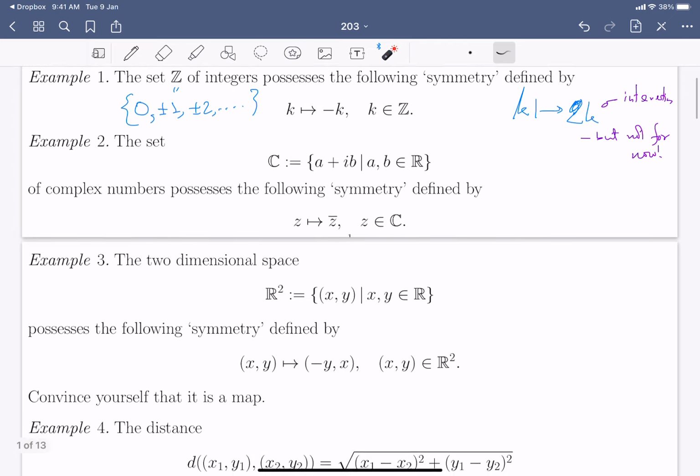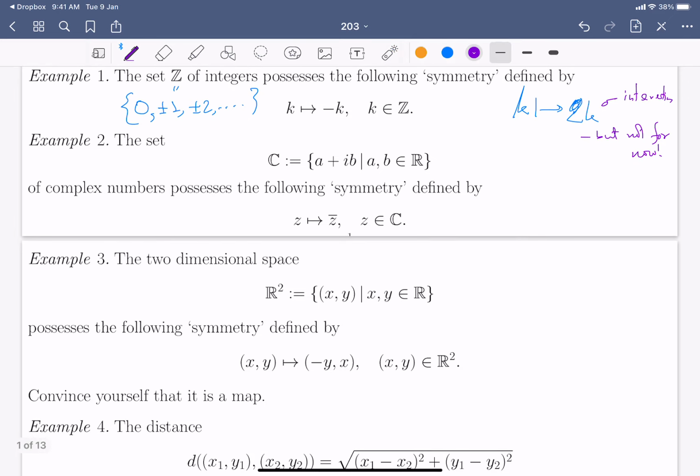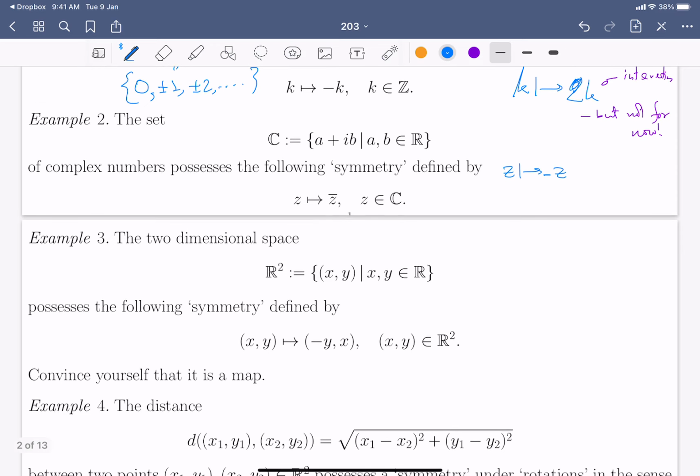For instance, you can consider the map z going to minus z. This is also interesting, and we will consider some such thing at a later point of time. This is good in the sense that if you apply this map to all the elements of C, you get all the elements of C back.